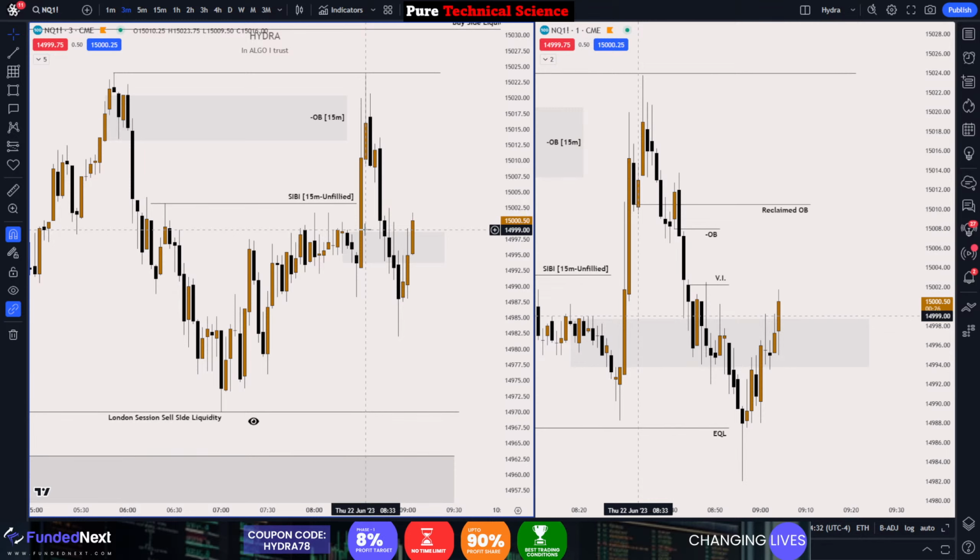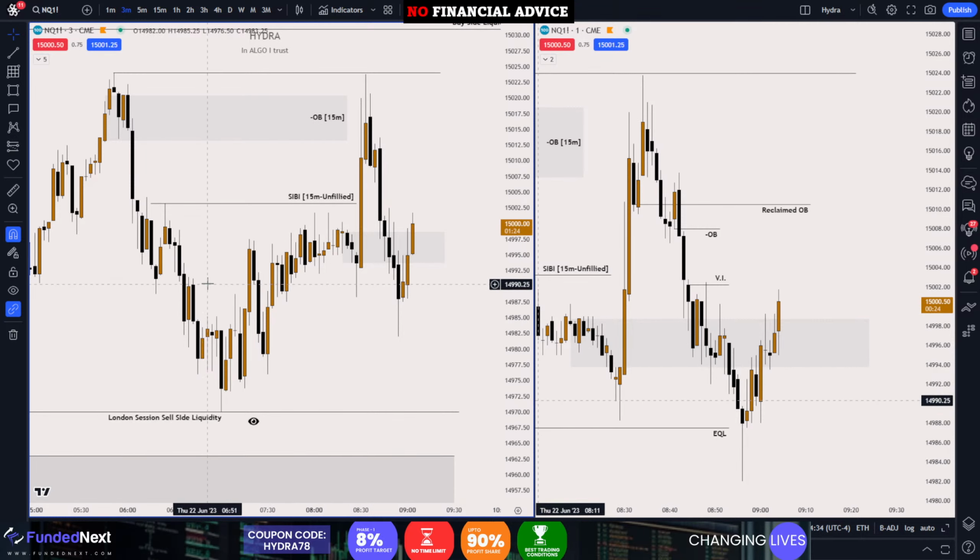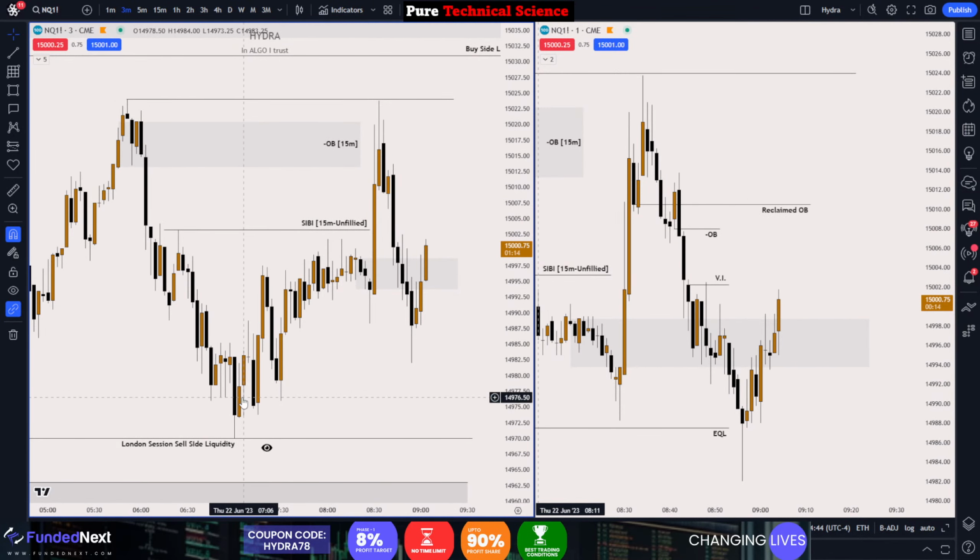Like if I'm expecting a short from equilibrium, I'll drop down to the lower time frame. I'm not just marking an equilibrium and then expecting to see a short from it. Here was an equilibrium: from this swing high to this low, the equilibrium is here.